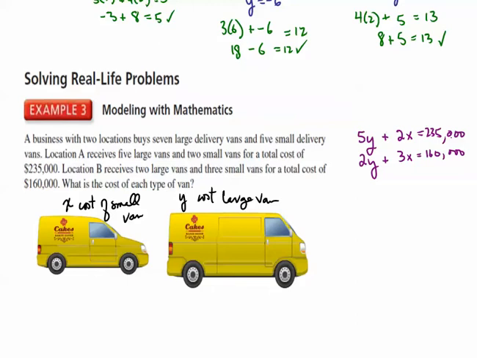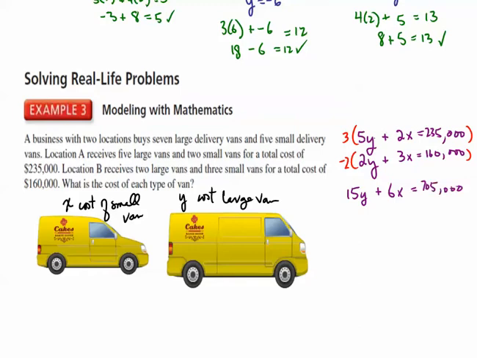We can't just add and we can't just multiply one of the equations. I'm going to use the 2 and the 3 to make them 6. I'm going to multiply the top equation by 3, the bottom equation by -2. When I do, I get 15y plus 6x is equal to 3 times 235,000 to give $705,000.